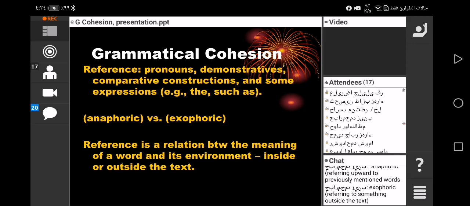Exophoric references are context references. Right? So exophoric references will refer to the world outside your discourse, outside your text. So I have defined reference as a relationship between the meaning of a word and its environment, be it inside or outside the text.